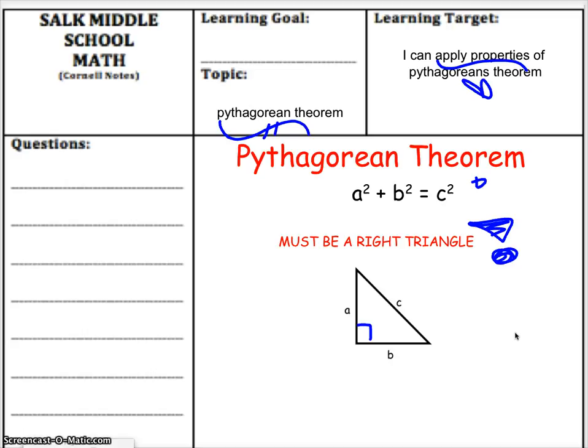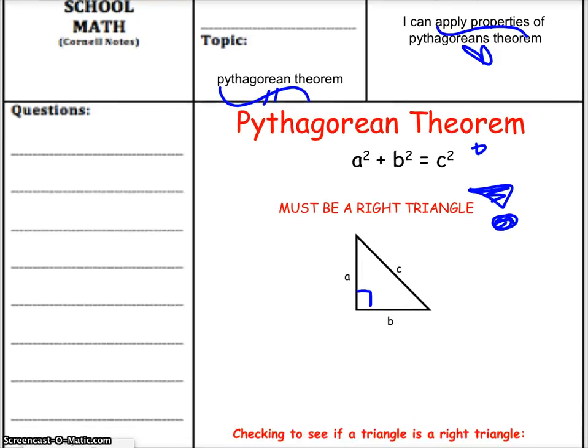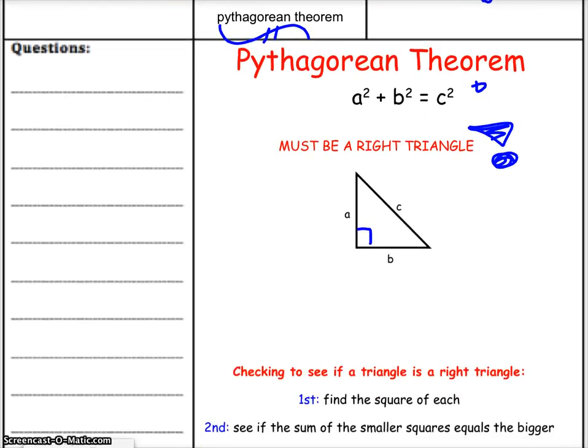I want you to make your right angle on this triangle. Some kids get genuinely confused. What's the A? What's the B? What's the C? A and B always make up the legs. Well, what do I mean by legs? Legs are the shortest distance. Leg, leg.